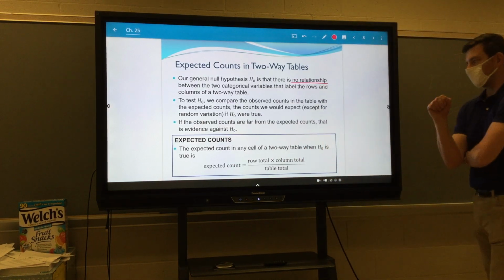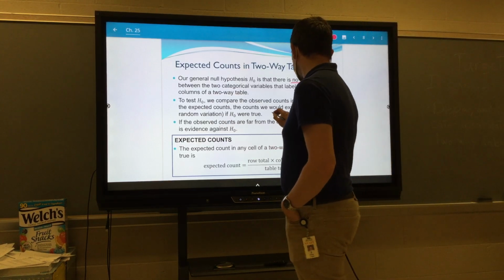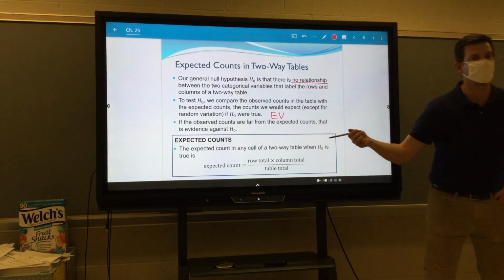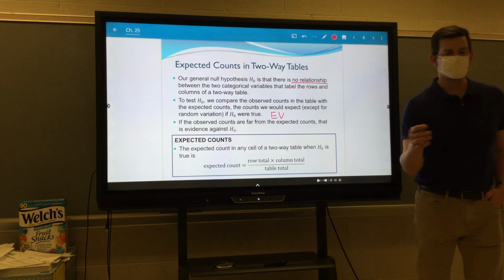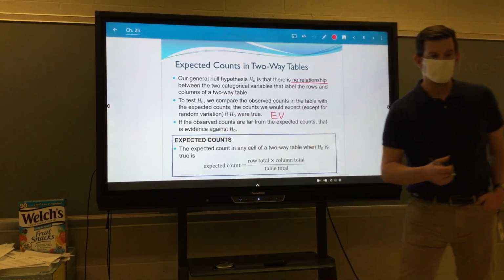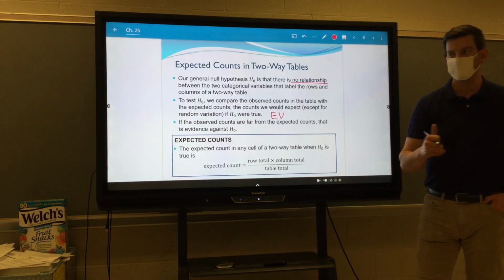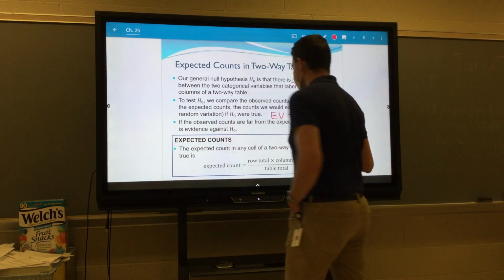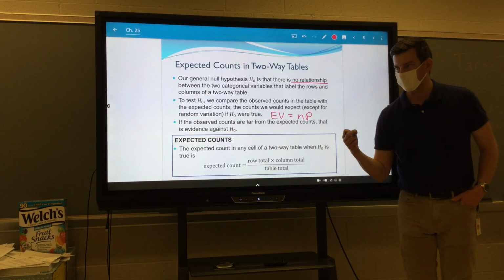So to do that, we're going to go back to something from our probability unit, expected value. We saw different cases like binomial and geometric, but in general, if we have independent items, we can do n times p, the number of items times that probability.